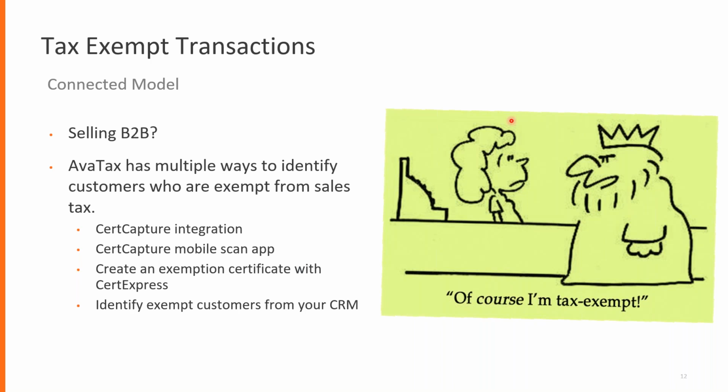On the reverse, if the customer purchasing an item is exempt from tax and you need to make certain lines on that transaction taxable, there's an override value that you can pass in that entity use code field that would override the customer level exemption and provide a tax calculation on, say, lines 1 and 2, but lines 3 and 4 would remain exempt from sales tax. So lots of flexibility within the system on how to tax or not tax an exempt customer.